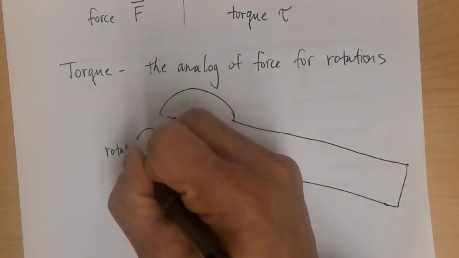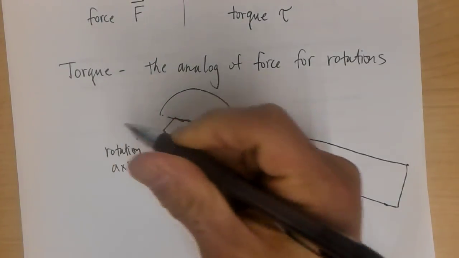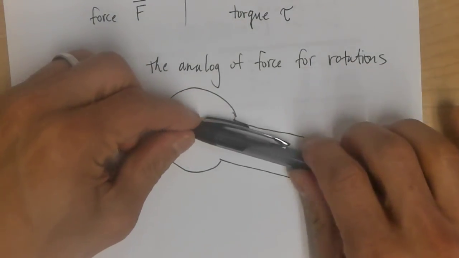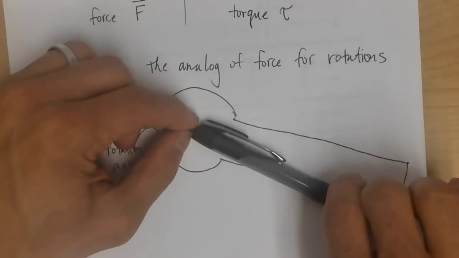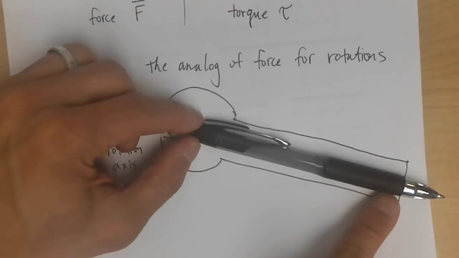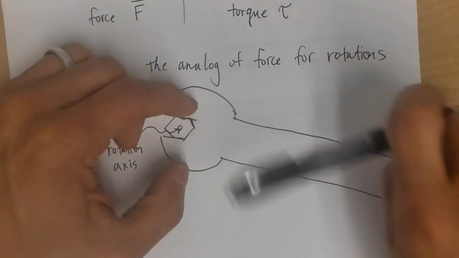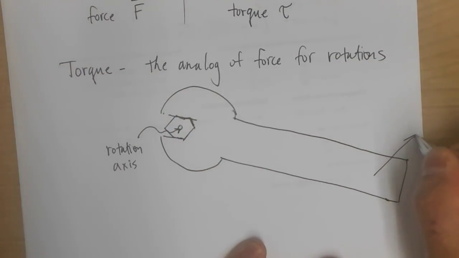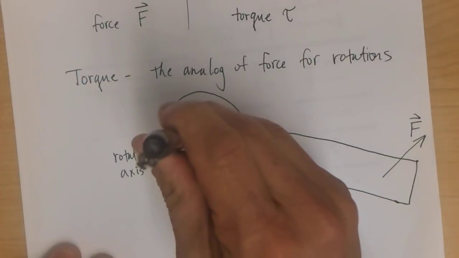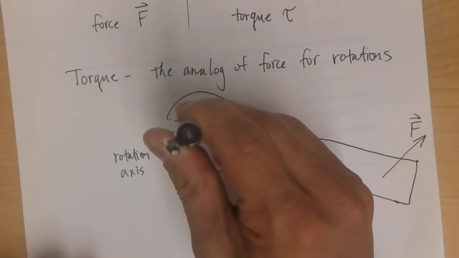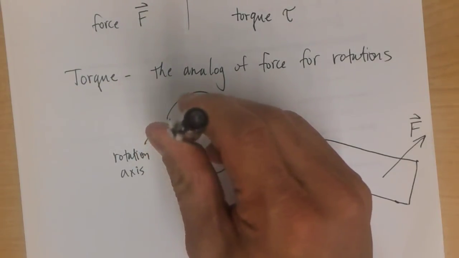So we have a little wrench here that's rotating this little nut, and I'm going to push on this wrench with some force, F. This is the rotation axis, so there's this axis coming out of the page around which things rotate.